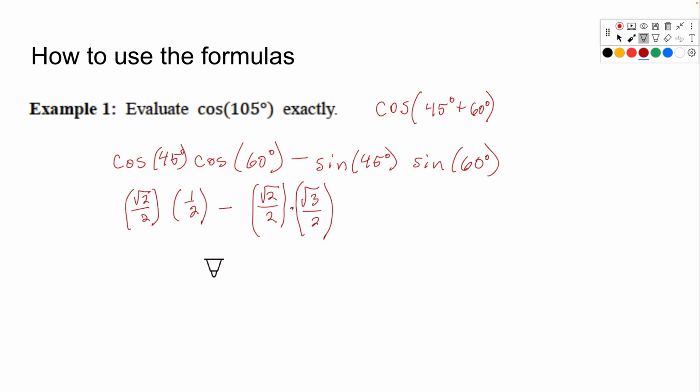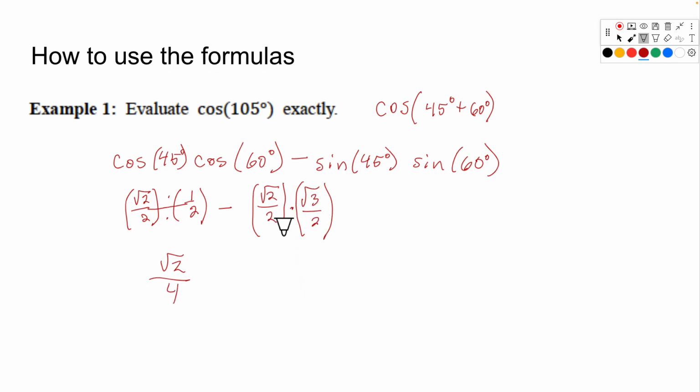Okay, and now we're going to arithmetic. We're going to multiply fractions and then maybe subtract them with a common denominator, and in this case we're going to have a common denominator. So we multiply the fractions, square root of 2 times 1, and remember, when you multiply fractions, you multiply straight across the numerators and denominators. So this first part becomes the square root of 2 over 4.